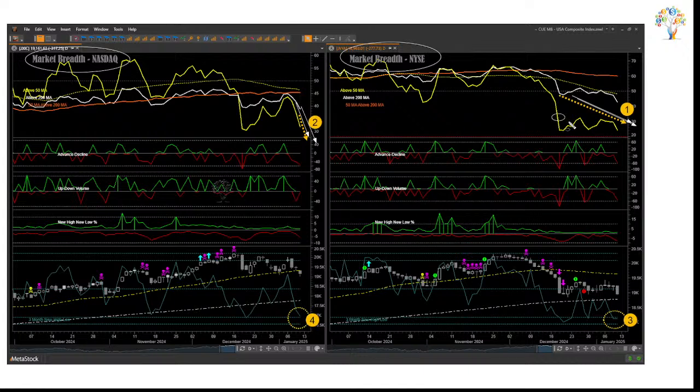In NYSE, it is moving sideways, similar to how the total view custom index is moving, but in Nasdaq, it is still sharply coming down. Approaching the oversold territory, but still some distance away from there.